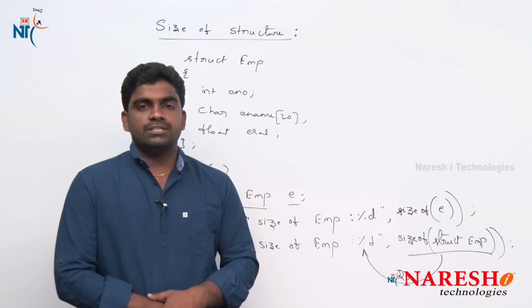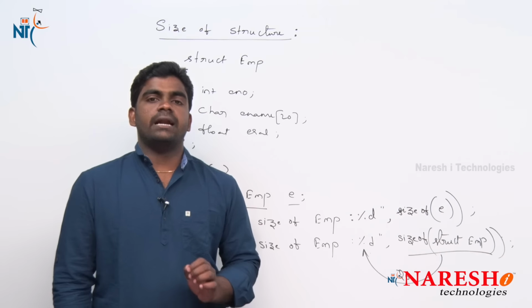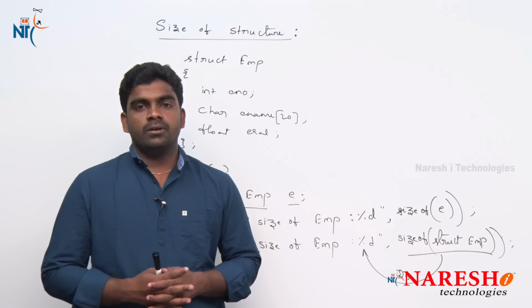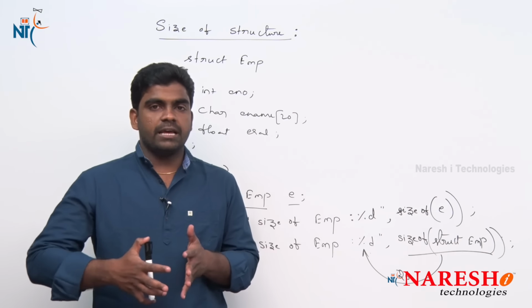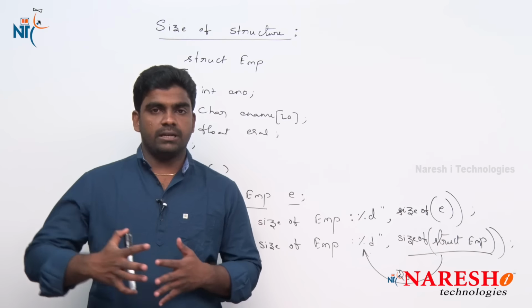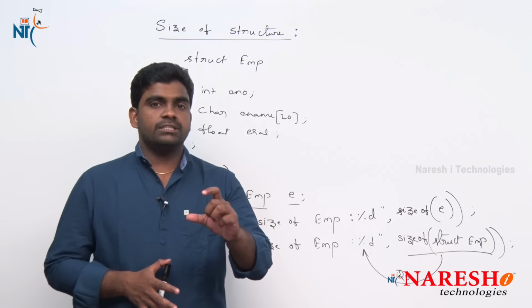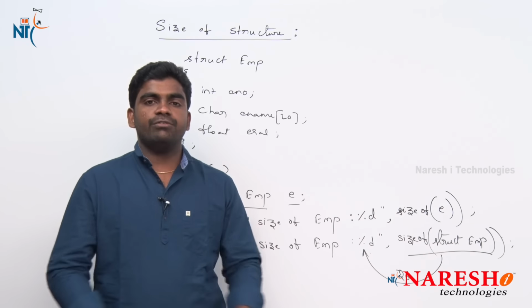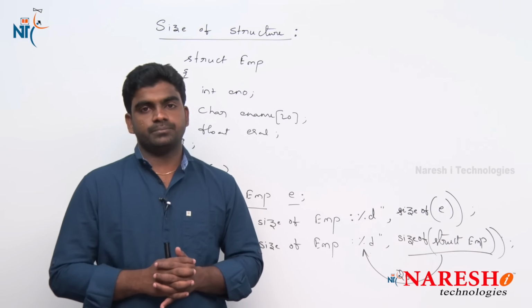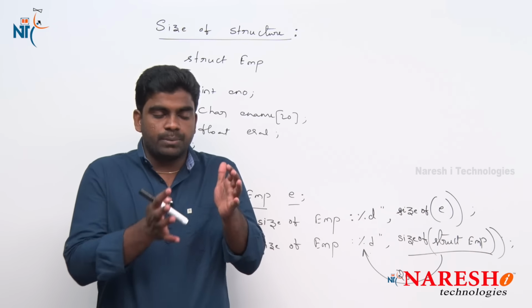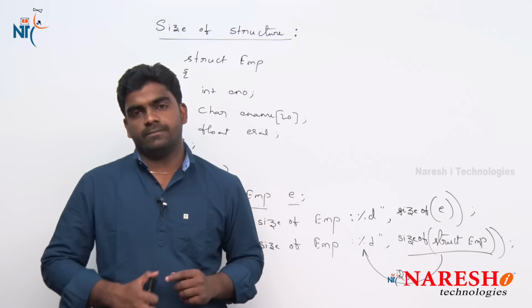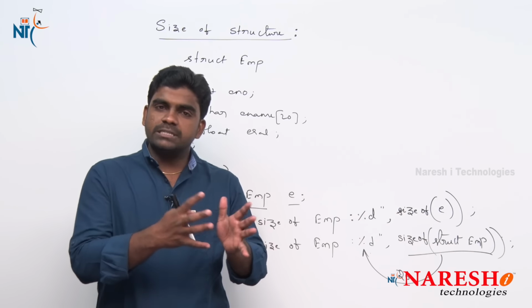And next, the discussion is about local structures and global structures. What type of structures should we declare as local, and what type should we declare as global? A structure definition that is common for all is called global. A structure definition that is specific to a particular function is called local. Just like local variables and global variables.